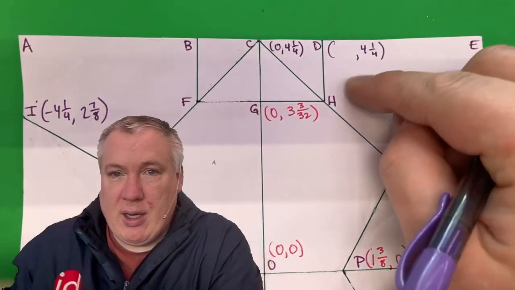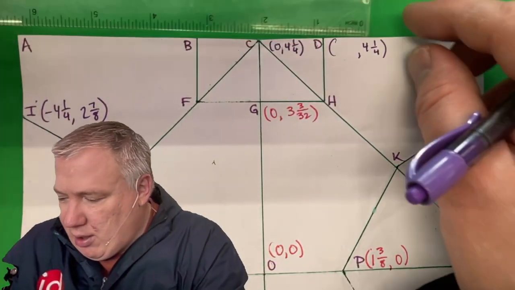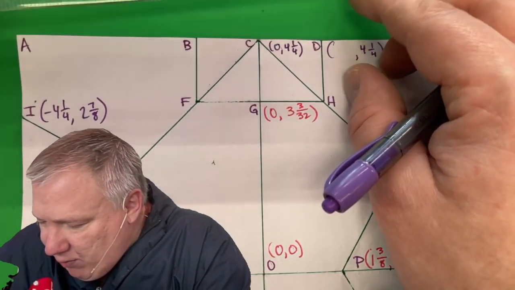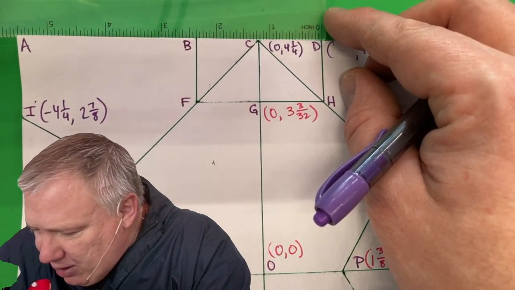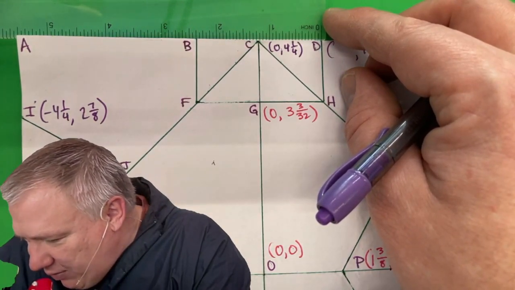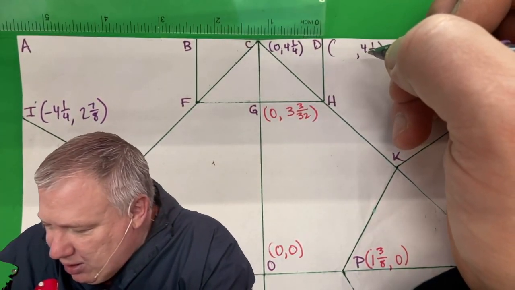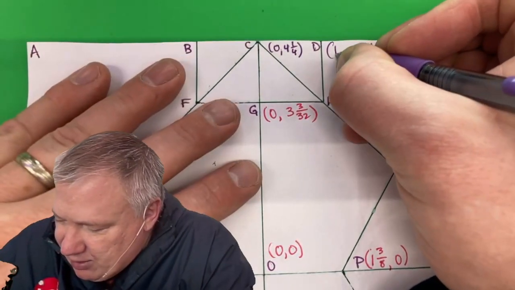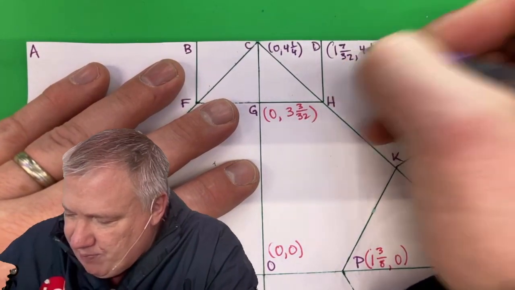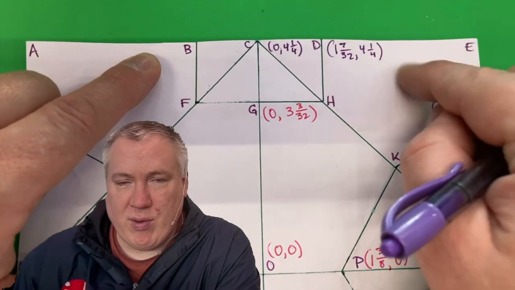To find out what that number is, all I have to do is measure from the y-axis over to that line. If I measure from there to there, that's about in between, so that'd be 1 7/32. So then this would be negative 1 7/32, 4 1/4.